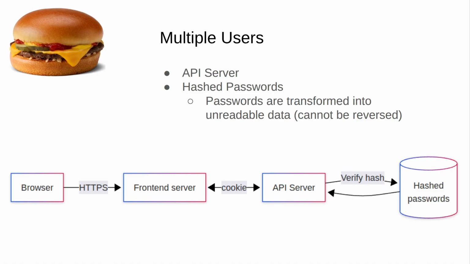And we'll show you how to hash the passwords. This is a similar concept to encryption, but in encryption, the passwords can be decrypted. So when it's hashed, it's one way, and they cannot be decrypted.